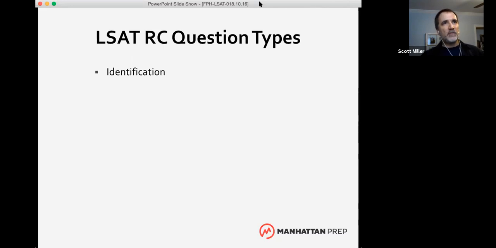Those types of questions are not actually that common. The other types of questions you're going to see on the LSAT are the ones you really need to be thinking about, because I think people are pretty familiar with identification questions. We're familiar with taking a test where you have to read something and then identify specifically what was said or written in the passage.